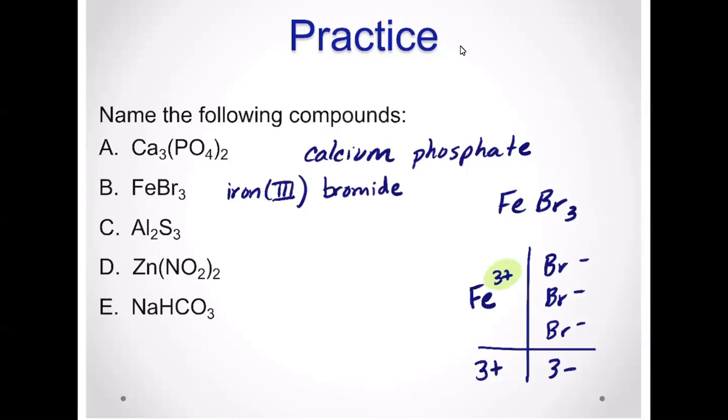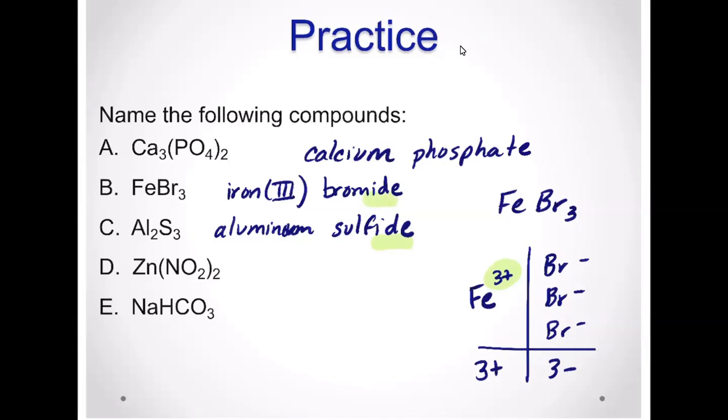Next one, we have aluminum, always 3 plus. Now I have a monatomic anion, which is sulfur, so it becomes sulfide. So I write aluminum sulfide. Remember, ending in IDE.